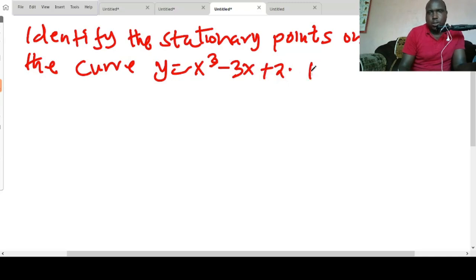For each, determine whether it is the maximum, minimum, or a point of inflection.